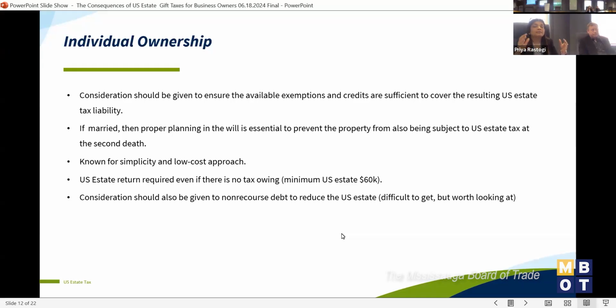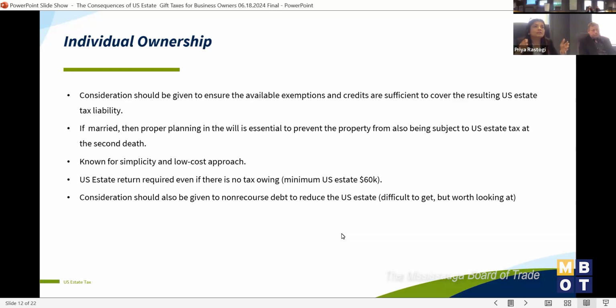In a simple sense, that $6 million we are talking about is the exemption. Is it good enough for me to use that credit to reduce my US estate tax to zero? We need to keep that in mind when we are investing in US real estate or in the US individually.